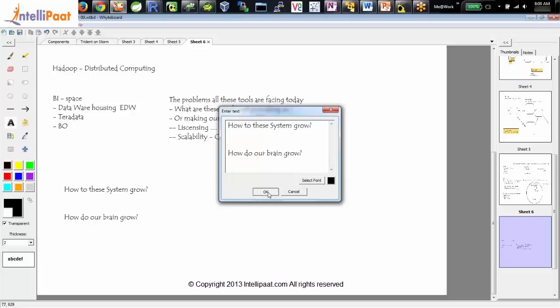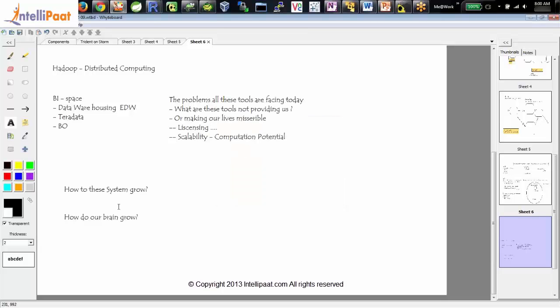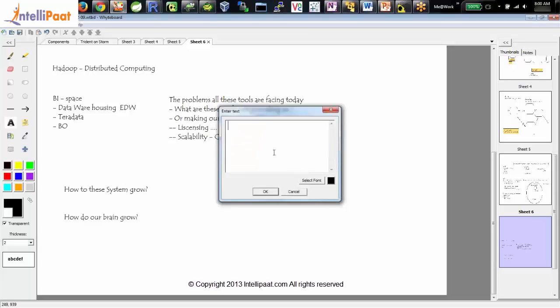Yeah. So what is the difference? Our brain is still able to grasp more information, more knowledge, and do more analytics. But our systems are giving us nightmares now. Why do you think?